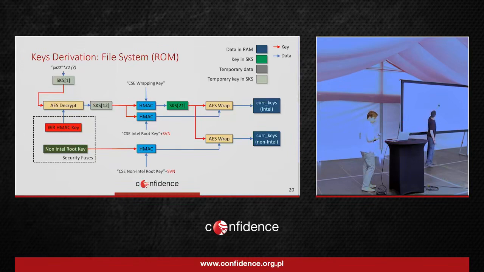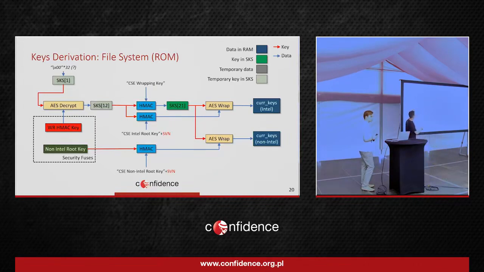One of them is CC wrapping key, and the other is CC internal root key plus SVN number. The SVN number is just a 1 byte number. So we get the wrapping key that's stored in slot 21, and then we wrap this data with this key and put it in memory. So this piece just lies in memory between stages of execution of the management engine.